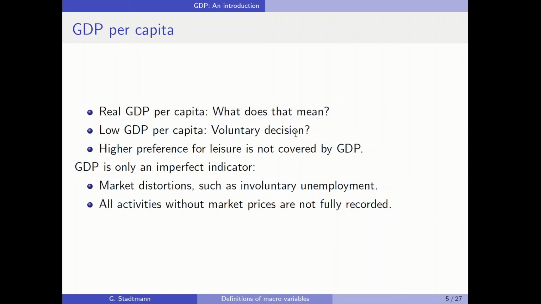The GDP is only an imperfect indicator of the well-being of a society. There are some market distortions because it might be the case that there is involuntary unemployment, that the unemployment rate is high, and hence the GDP per capita is lower. Furthermore, all activities without market prices are not fully recorded. Let's also give one example for this last relationship.